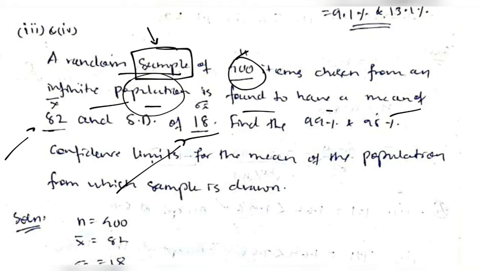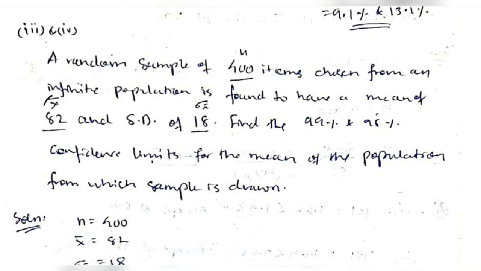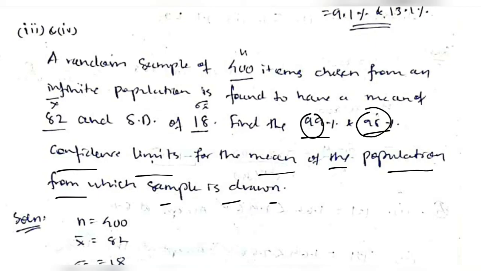Ultimately it's the mean and the standard deviation of the sample, which is equal to x bar and sigma x bar. What we have been asked to find is the 99% and 95% confidence limits for the mean of the population from which the sample is drawn.